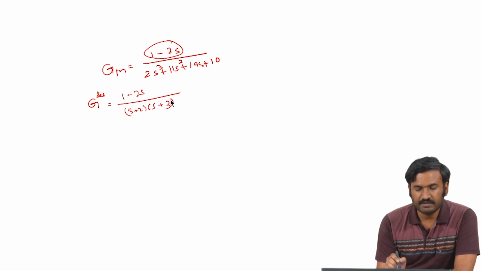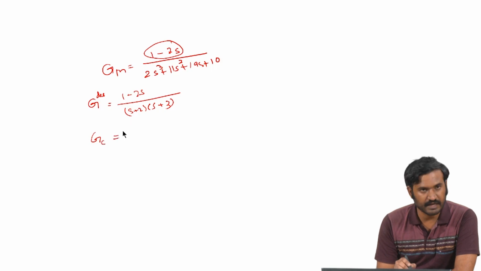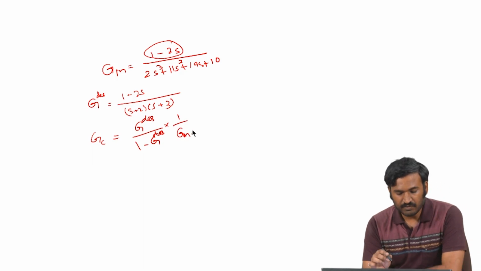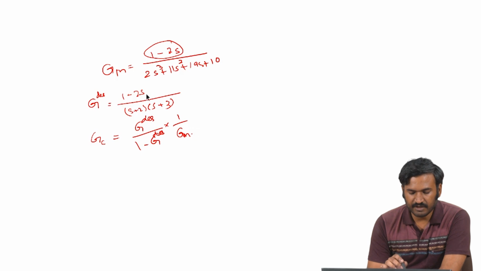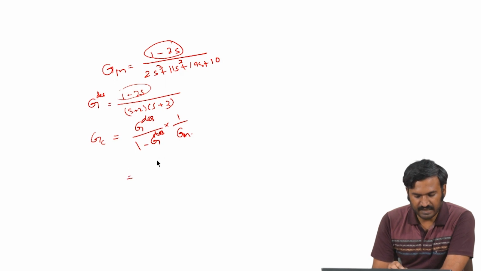So, based on this we calculate the controller transfer function GC, which is G desired divided by 1 minus G desired times 1 by Gm. Now, what will happen is that the numerator of G desired contains 1 minus 2s. So, let us do this.